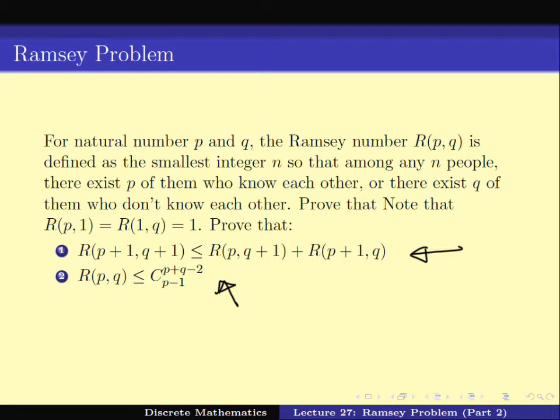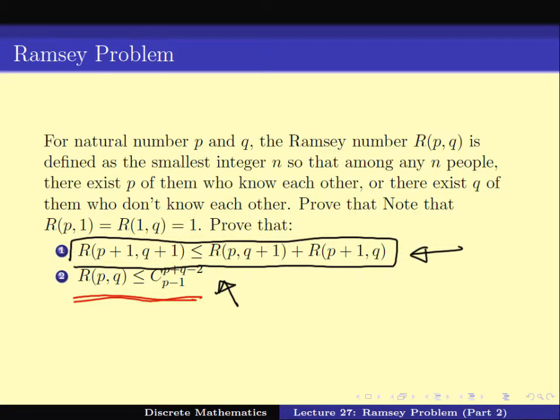Now, this second one is something that we have already done a couple of weeks ago when we did induction on multiple variables. So, in this video, we would like to just prove this recurrence.